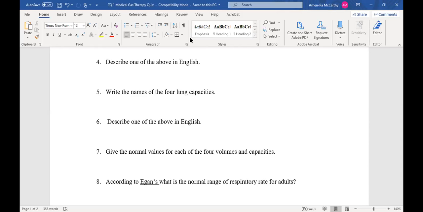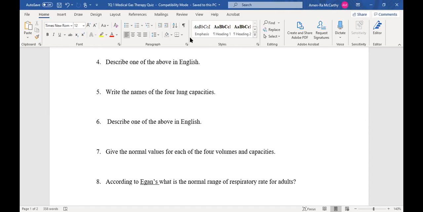So, Ms. Renfro, can you give me one of the lung capacities? Vital capacity. Explain that one. Everything we can do in and out. Good. The maximum amount of air you can inhale and the maximum amount of air you can exhale.